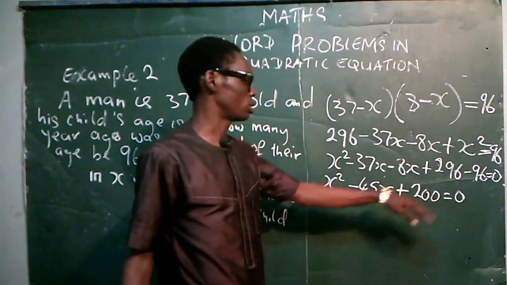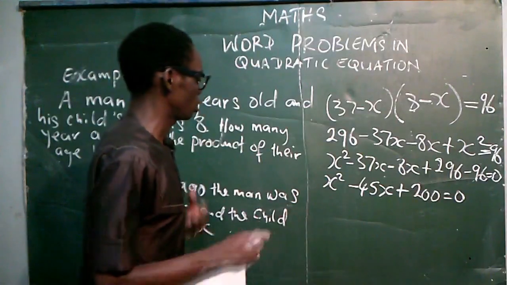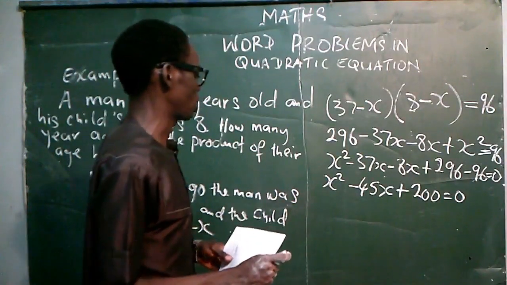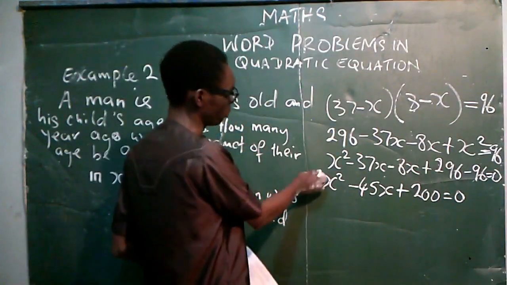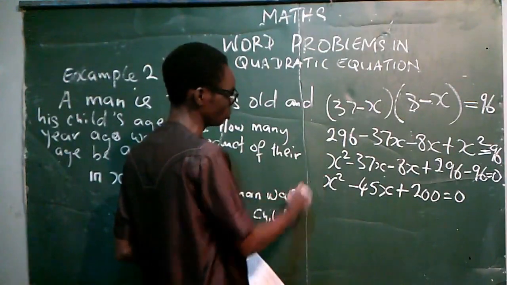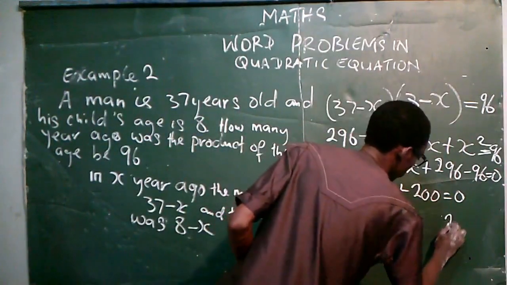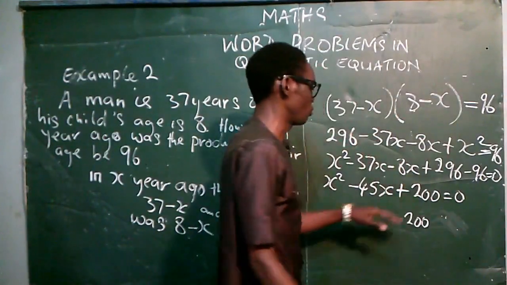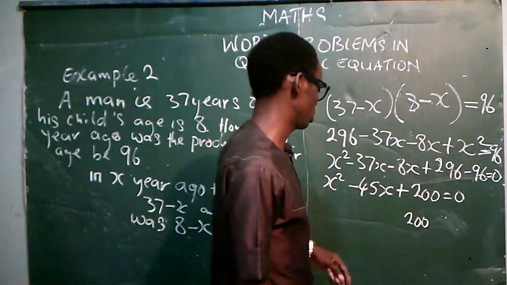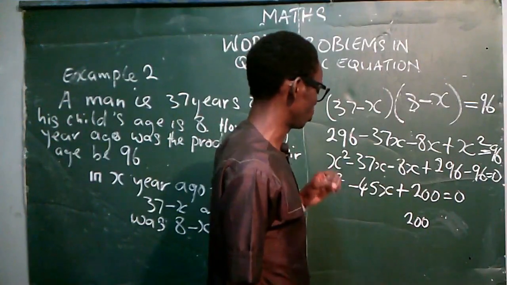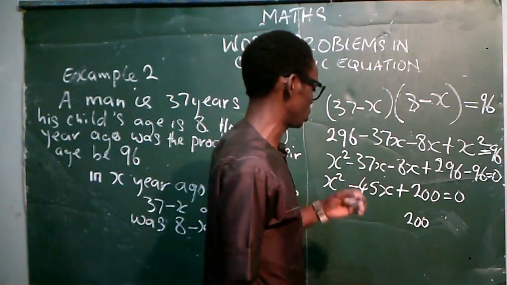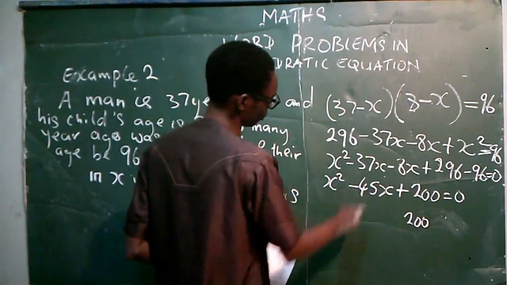So this is the quadratic equation. I can now factorize. The coefficient of x squared here is a unit. 1 times 200 is 200. Looking for two numbers so that the product will be 200 and their sum will be minus 45x.